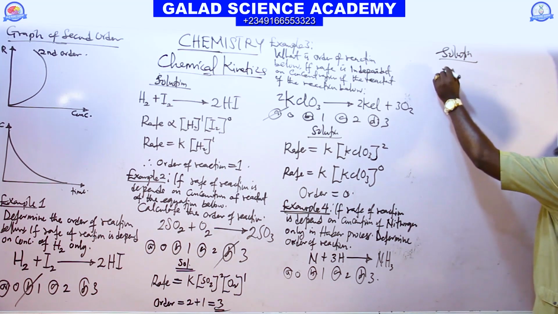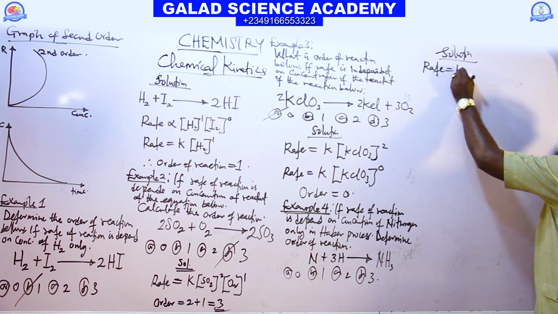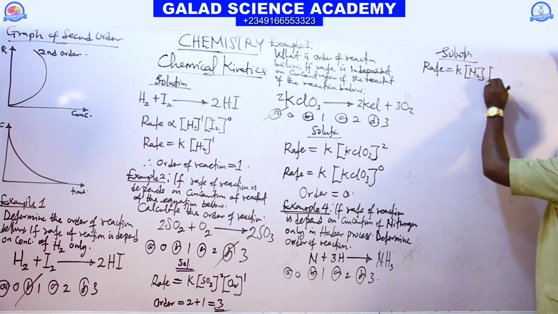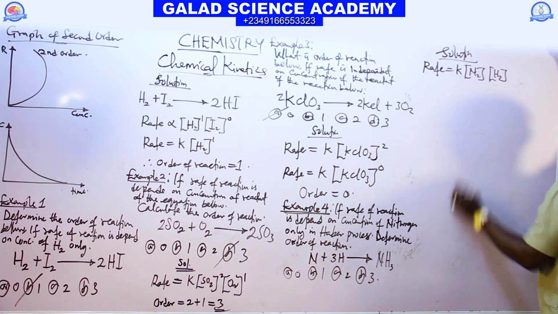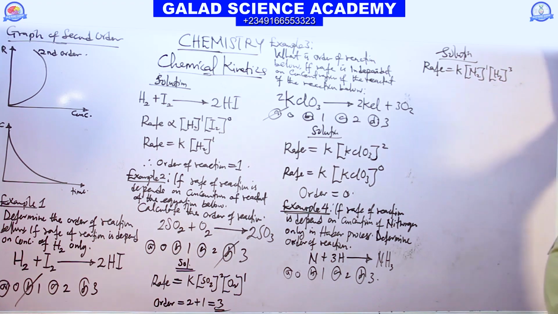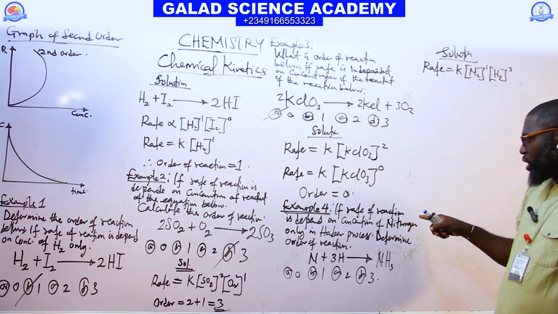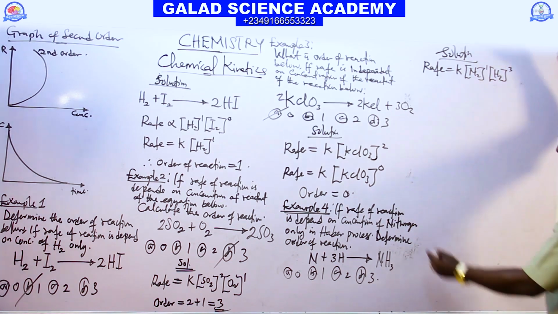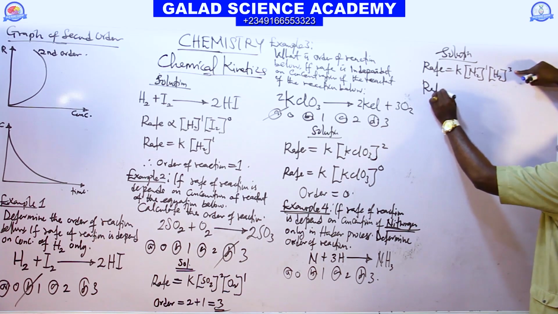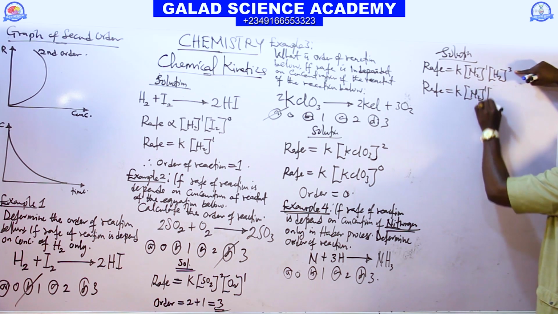So to solve this, the rate is equal to K, conc of nitrogen, conc of hydrogen. How many hydrogen? We have 3, nitrogen 1. But they say the rate of reaction depends on concentration of nitrogen alone. So if rate depends on nitrogen alone here, the power of hydrogen is 0. Rate equals K, conc of nitrogen to the power 1.